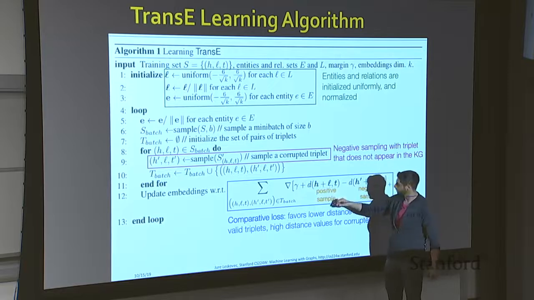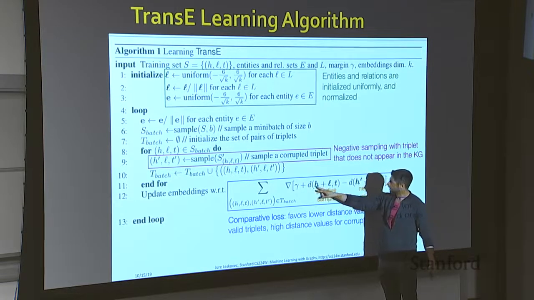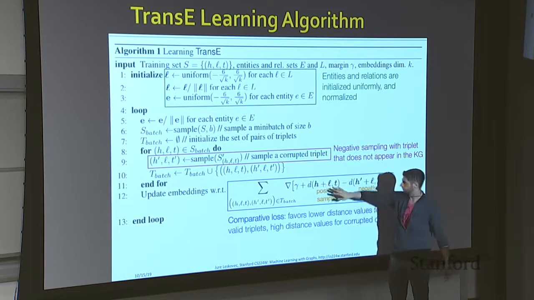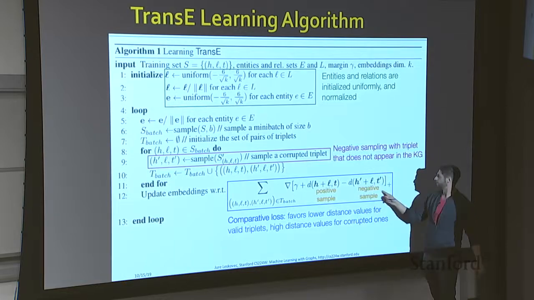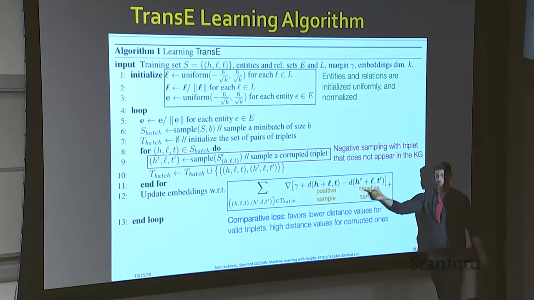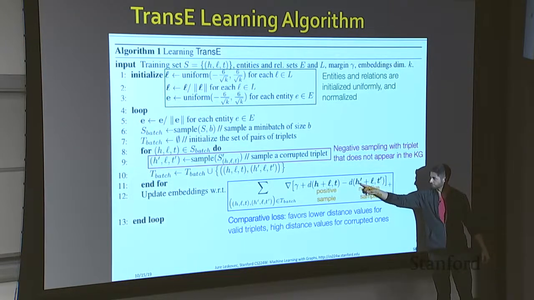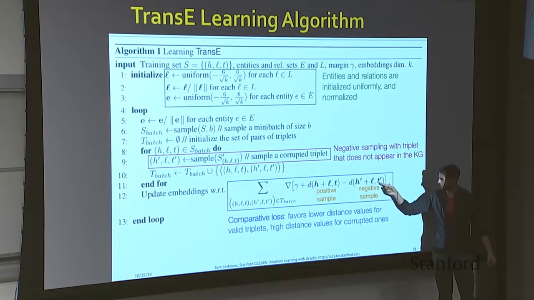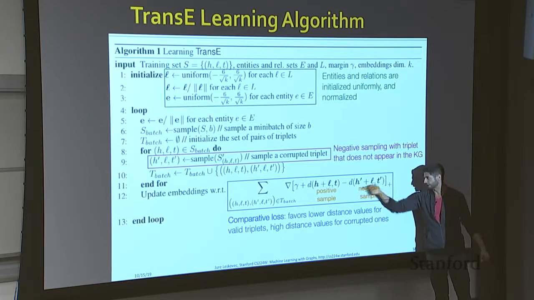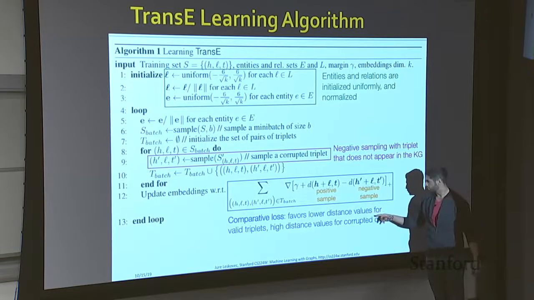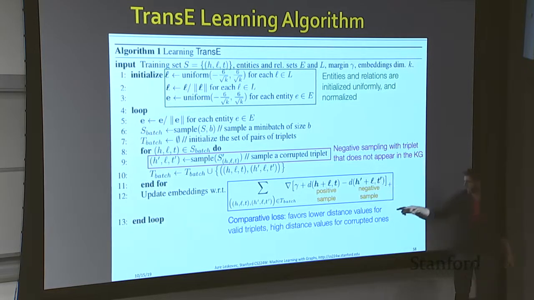So we want to make sure that the distance between our head entity translated through our relation to T is as small as possible, because this is a valid triplet. And then we use our corrupted triplet as a negative sample, and what we want here is that this distance has to grow, right? Because when we translate H prime with our relation L, it should be pointing to a very distant entity. So this value will grow, okay? And this is what's called a comparative loss. Basically it favors lower distance values for the valid triplets, and it instead gives high distance values for the corrupted ones, okay?